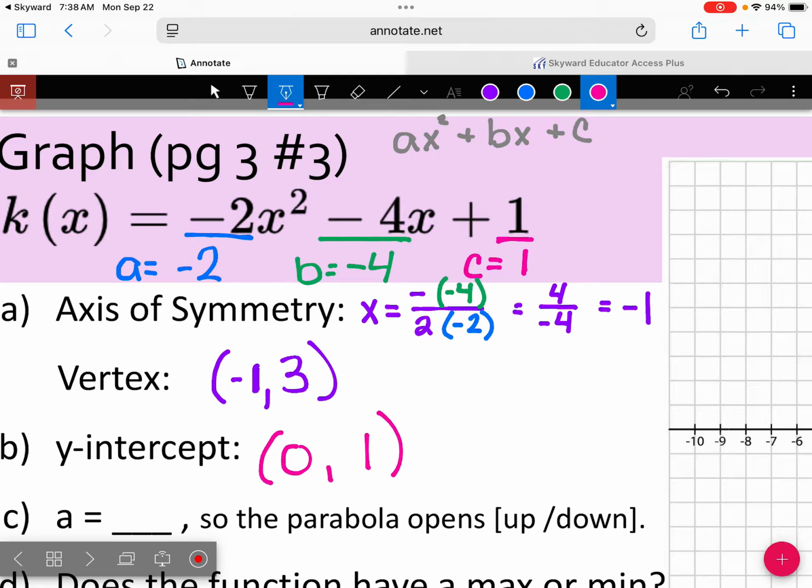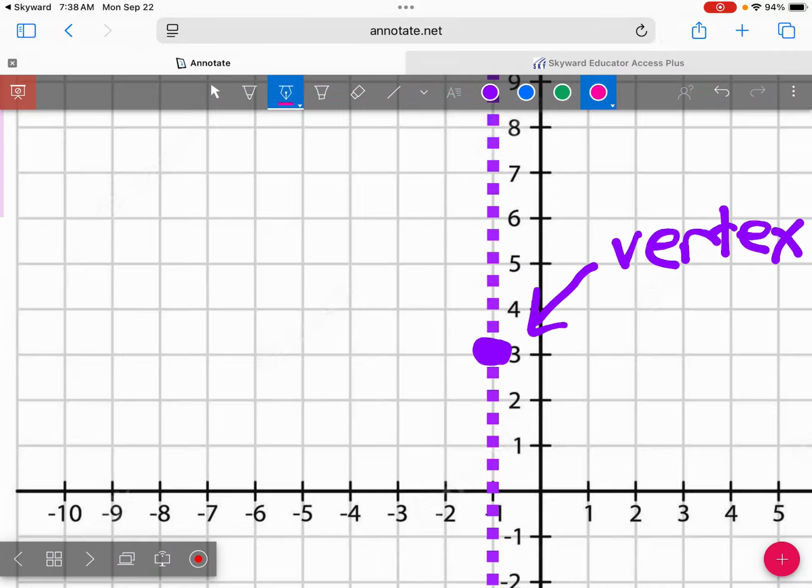Our y-intercept is always going to be at c, every single time, if we're in standard form. When x is 0, my -2 times 0 is 0, -4 times 0 is 0, plus 1, we get 1. So my y-intercept is over here at 0, 1. That's this guy.